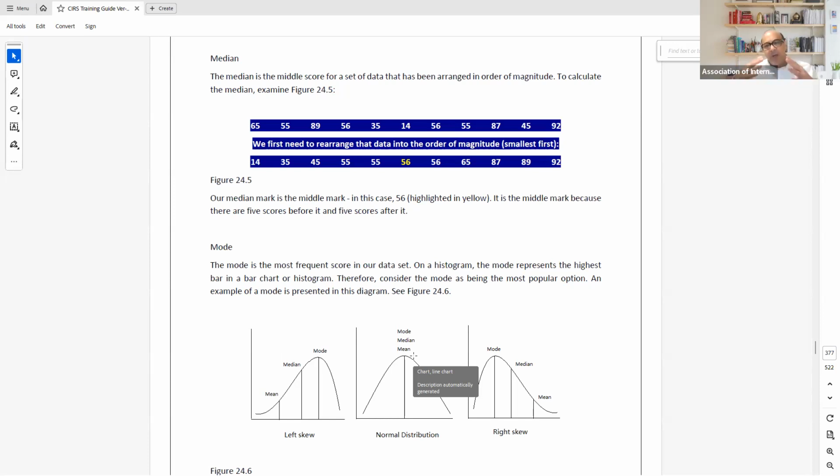So mode can be a point of different variables at a certain delta in your graph in terms of how it is explained.